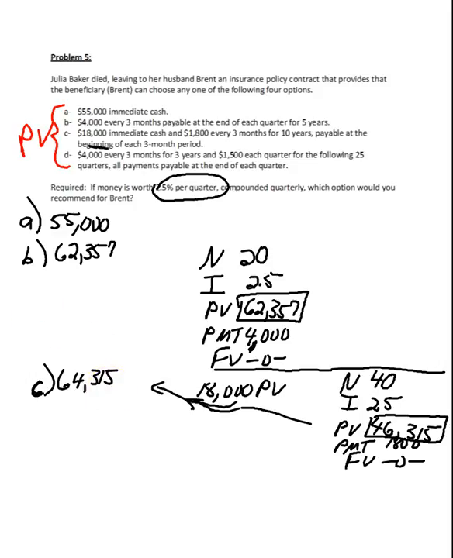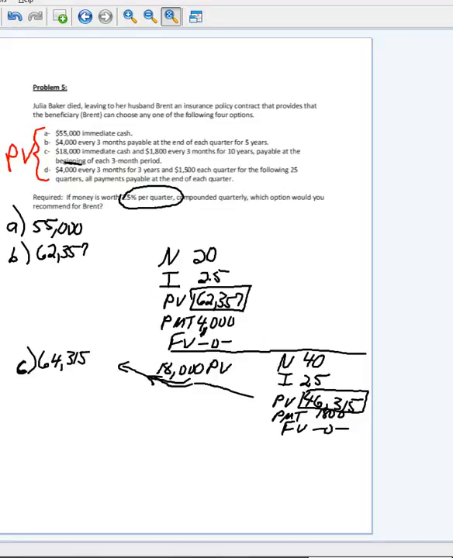Okay, let me insert another sheet because I think I'm going to need a little bit more space here to solve option D. So on option D, if you read through it, it says he has $4,000 every 3 months for 3 years. So problem 5.